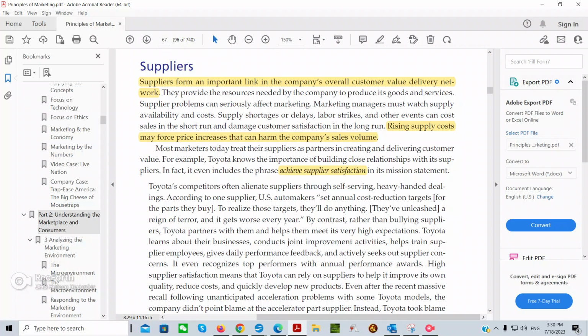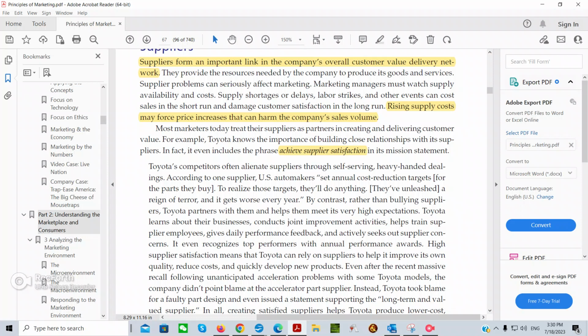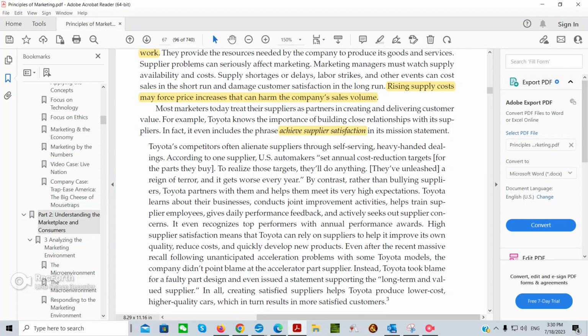High supplier satisfaction means Toyota can rely on suppliers to help it improve its own quality, reduce costs, and quickly develop new products. Even after the recent massive recall following unintended acceleration problems in Toyota models, the company didn't point blame at the accelerator part supplier. Instead, Toyota took blame for a faulty part design and even issued a statement supporting the quote, long term and valued supplier.